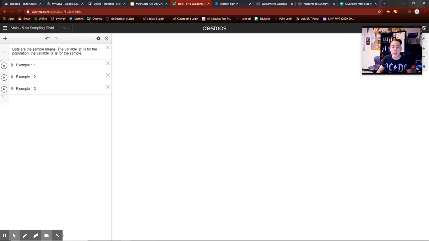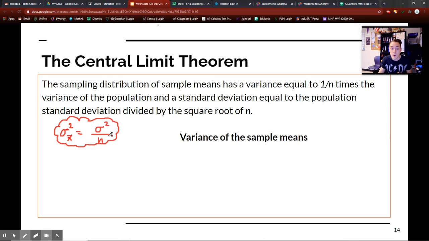We're now going to be given values instead of lists. When we're given lists, it's really tedious, and I have to actually use Desmos. But now we're given just means and standard deviations, and we're just going to use these formulas to find the rest. This is very easy math because I can just plug it into the calculator. I don't need to do this by hand. So that's the variance of the sample means.